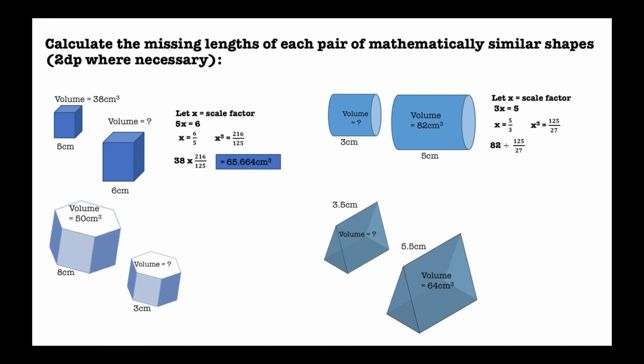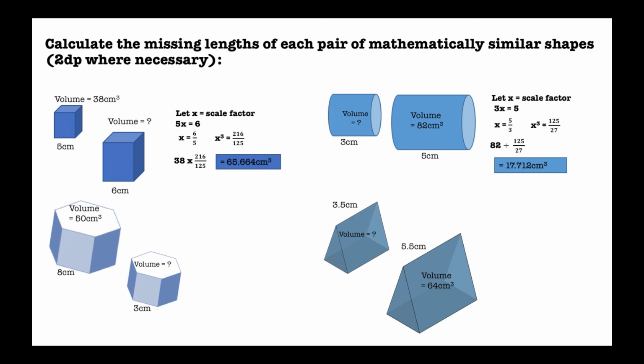And we need to do 82 now divided by that amount. The reason for that is we are going from this larger shape back to the smaller shape. Okay, so if we divide that, it gives us 17.712 centimetres cubed.